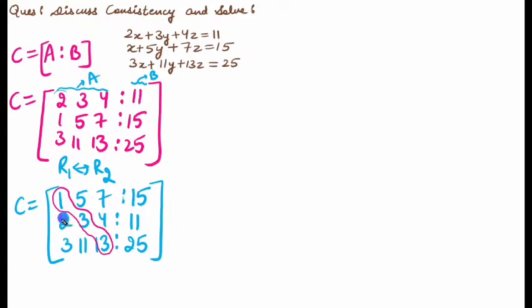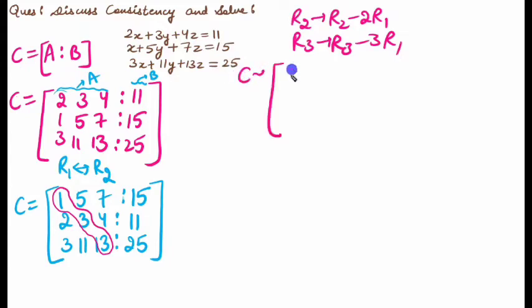Our first step will be to create the zeros at positions 2 and 3. तो उसके लिए हम लोग row operations use करेंगे: R2 goes to R2 minus 2 R1 and R3 goes to R3 minus 3 R1. जब भी हम एक particular row को use करके बाकी दोनों rows में zeros create करने की कोशिश करते हैं, तो जो भी row हम use कर रहे हैं, row 1, उसका जो भी first element है उसे 1 बना देते हैं ताकि हमारी calculations simplify हो सकें. Now after using these row operations, we will get the matrix C as 1, 5, 7.